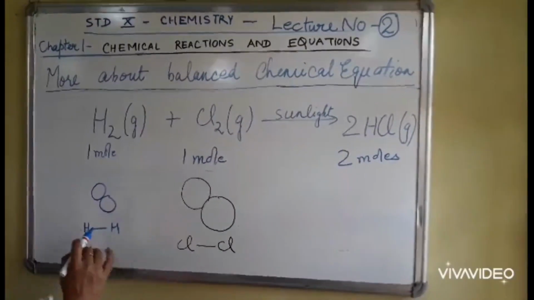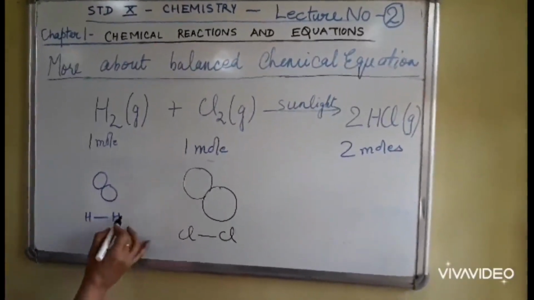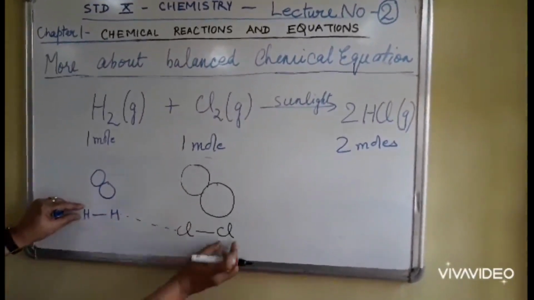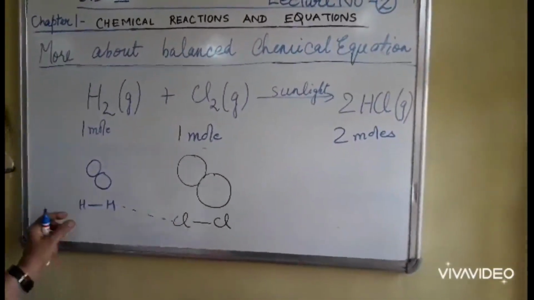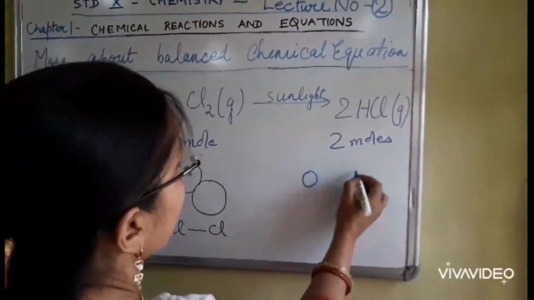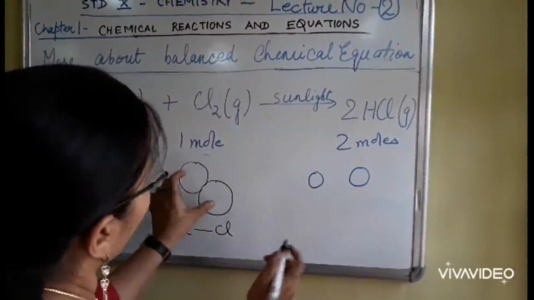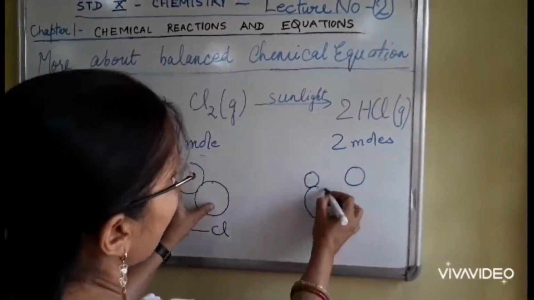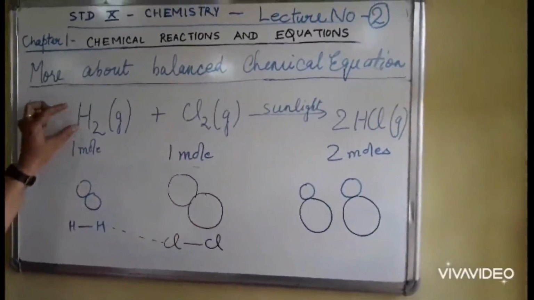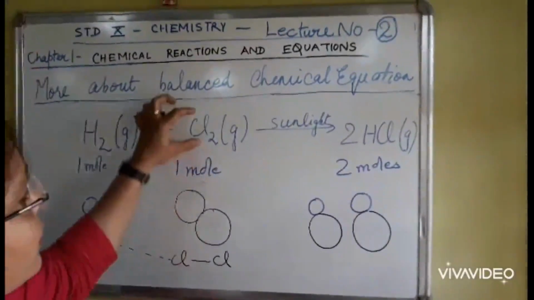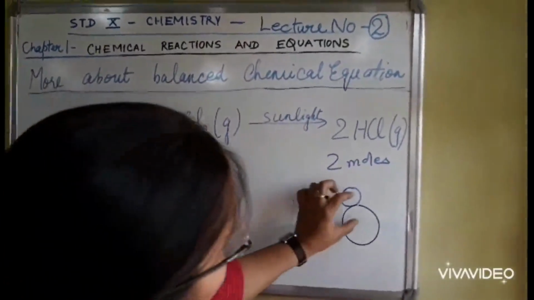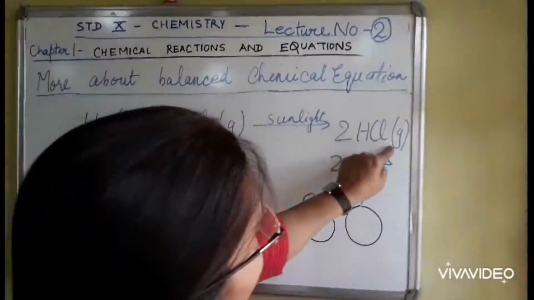These old bonds break and new bonds form between this H and this Cl, and similarly between this H and this Cl. And you see, 1 molecule of H2 and 1 molecule of Cl2 break their bonds and form 2 new bonds and 2 new molecules of HCl.